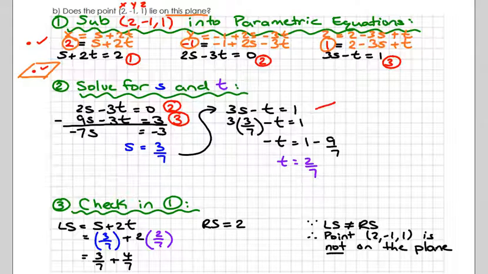When I substituted, I made sure that I was still using one of the 2 equations that I had originally used, so equation number 2 or equation number 3. I left equation number 1 alone because I wanted that as an unbiased source, just in case I made a mistake somewhere. So once you have your s and your t, you're going to do a check with your unbiased source.